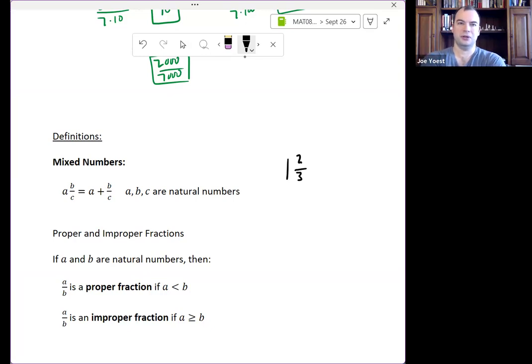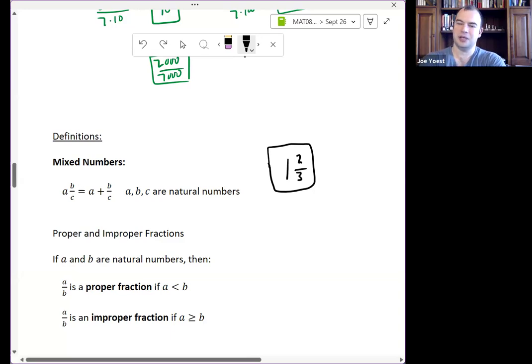So something like 1 2/3, you might have been making a recipe at some point and it called for 1 2/3 cups of flour or something, and this is how it might have been written. So a mixed number is something like this, where we have a natural number and immediately next to it a fraction that's a ratio of two natural numbers.